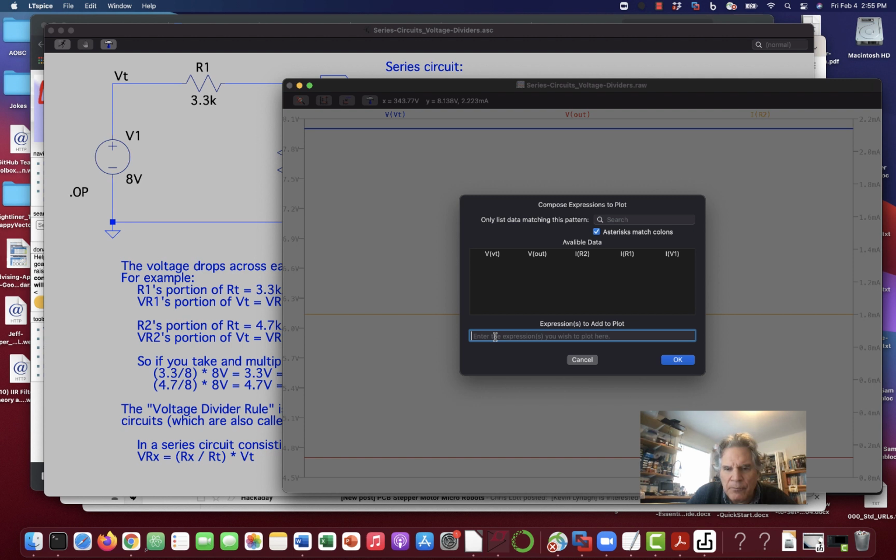We can say VR1 is equal to the voltage V total minus the voltage of V out.